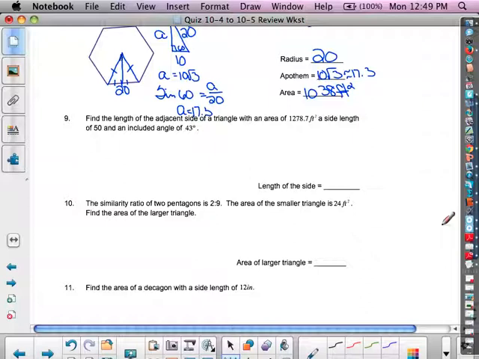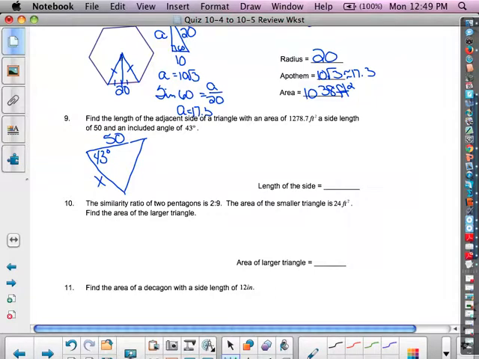Number 9 asks you to find the length of the adjacent side of a triangle with an area of 1,278.7 feet squared, a side length of 50, and an included angle of 43. So you want to draw that picture. You know that it has an included angle of 43 degrees. One of the sides is 50, the other is x.